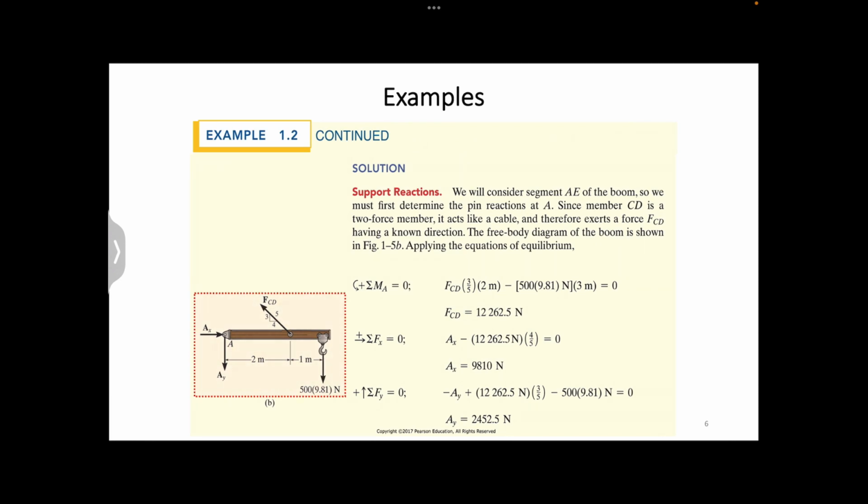With this free body diagram, we can now find the reactive forces based on the equilibrium equation. Let us start with the sum of moment about point A, which helps eliminate the two unknowns AX and AY in the equation. With that, we can easily find the magnitude of the force FCD.